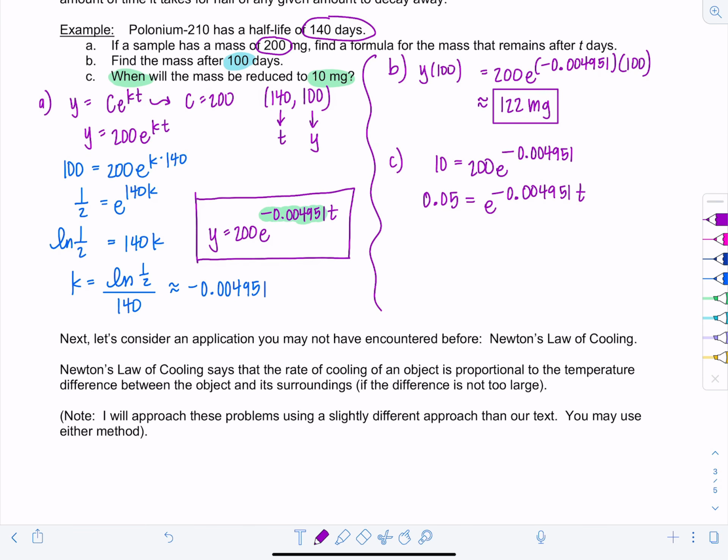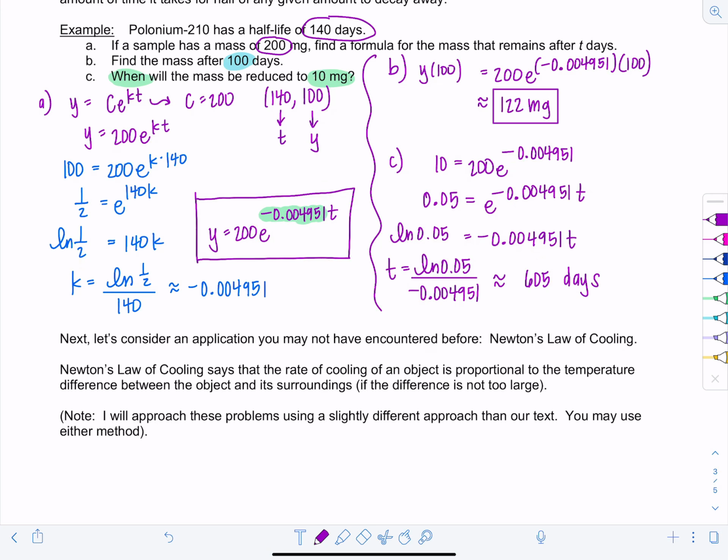Let's take the natural log of both sides. So ln of 0.05 equals negative 0.004951t. So t is equal to ln of 0.05 divided by negative 0.004951, and that's about 605 days.